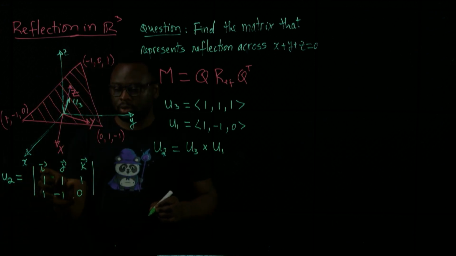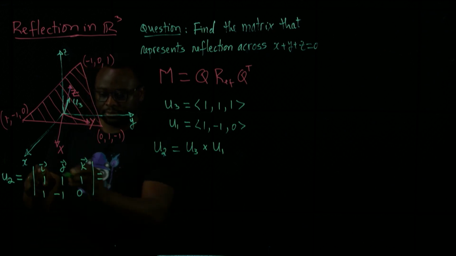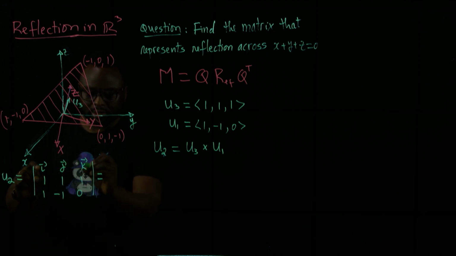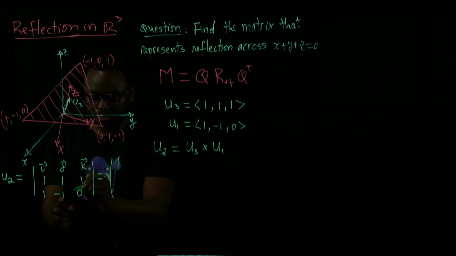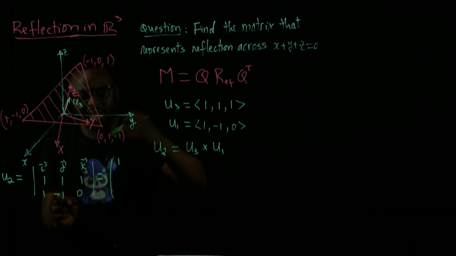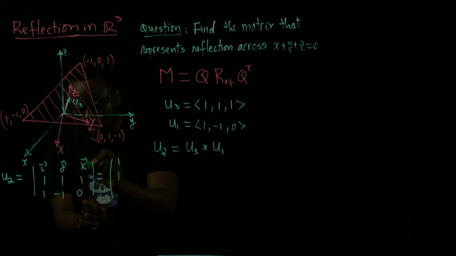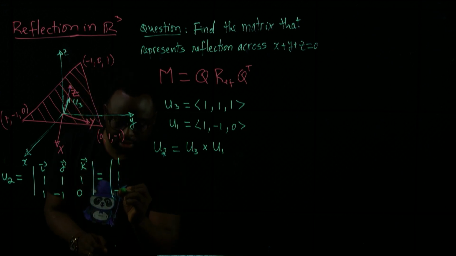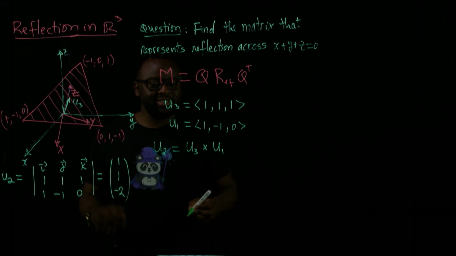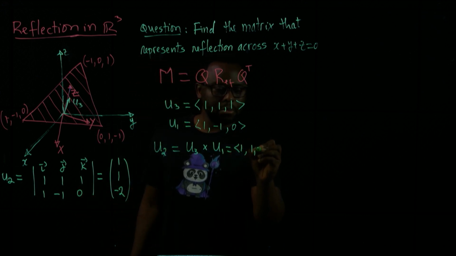If we start with the first component, we cross this, we obtain 0 minus 1, this is minus 1. Second, we cross this and we have 0 minus 1 with the negative sign from the formula, which is 1. And the last part, we cross this, we have minus 1 and minus 1, this is minus 2. All right, we have this vector. It is 1, 1, and minus 2.